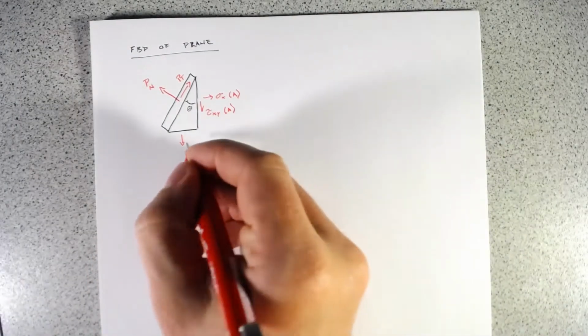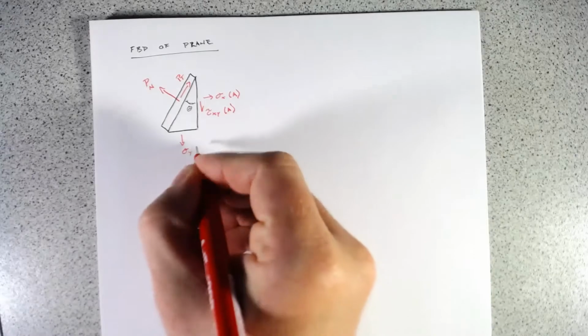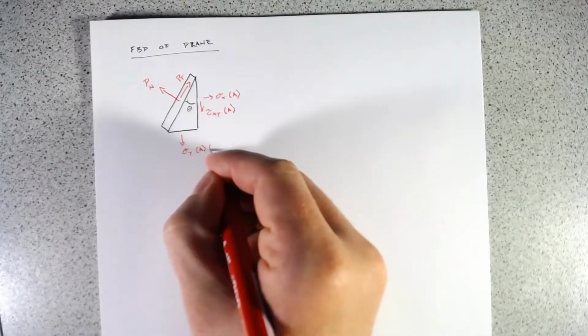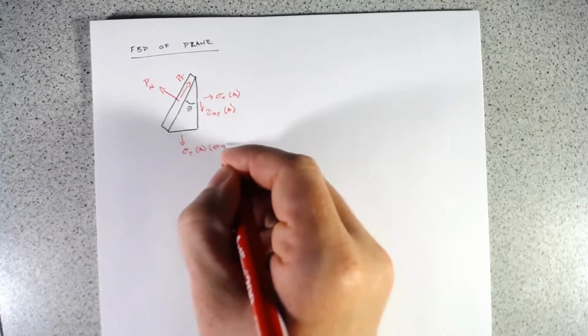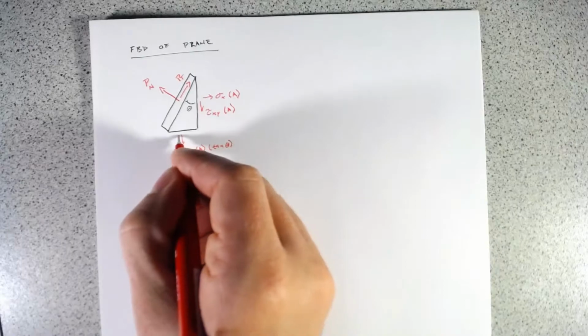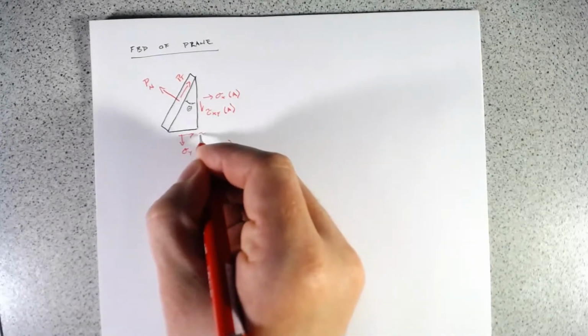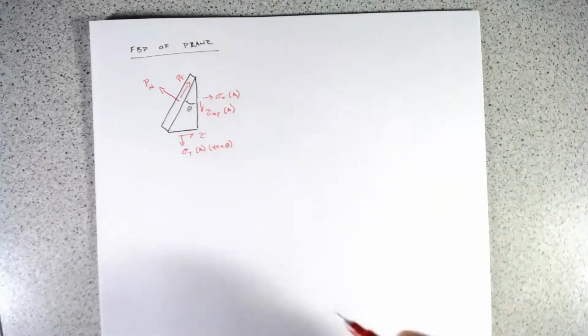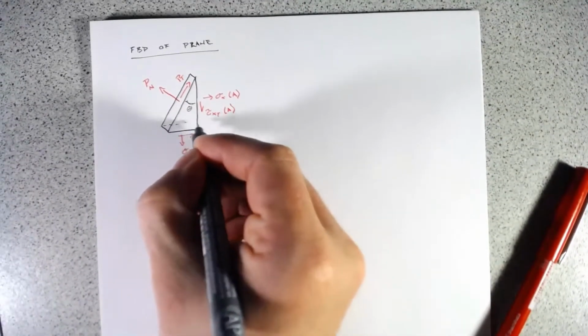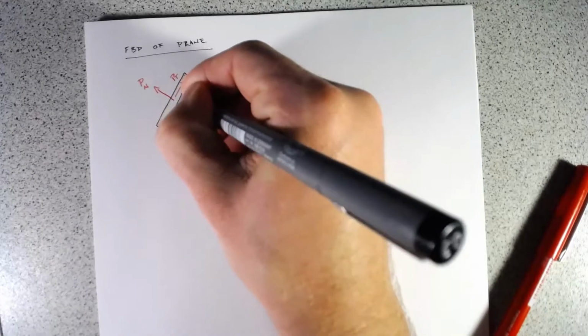If we do that, we have sigma y times the area times tan of theta. And similarly, our shear stress is also acting on this smaller area here.